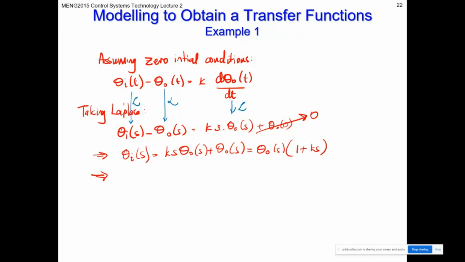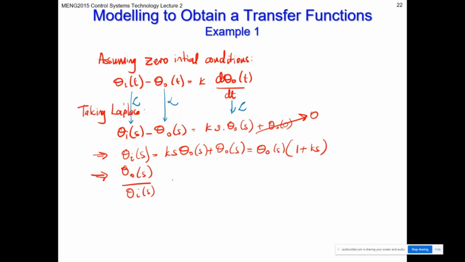Now what we want to get is a transfer function, output over input. So to get that, divide both sides by 1 plus ks and divide both sides by theta I.